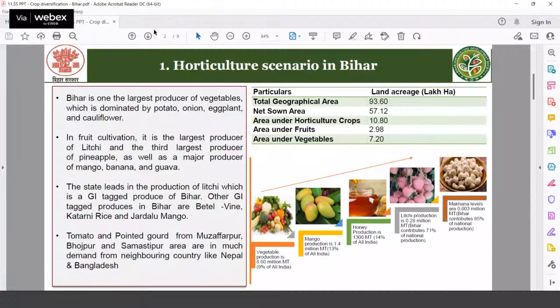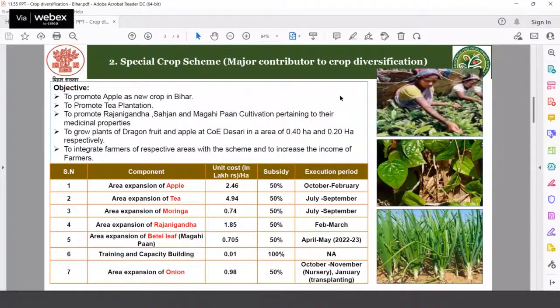Next, we definitely see horticulture as one of the key avenues for enhancing crop diversification, and the state is very progressive towards identifying niche crops as well as exotic horticulture crops, how to enhance the awareness of farmers, how to enhance their technical capacity of cultivating these produces, so that they are very well aware, and of course linking them to the right markets, because production is one thing, but getting connected to the right market is very important.